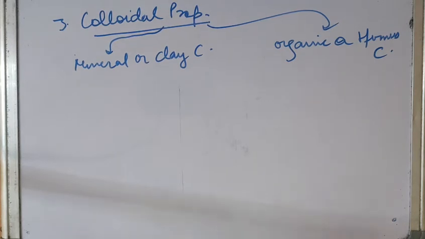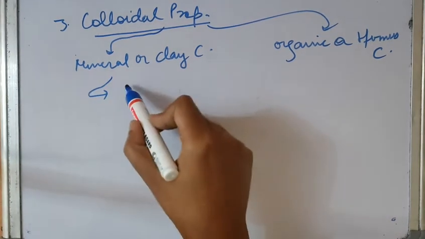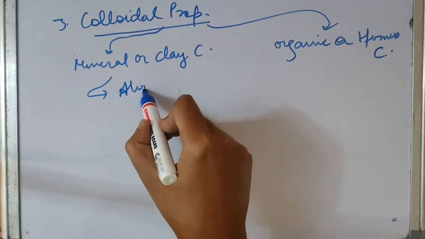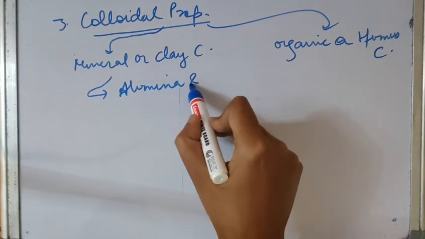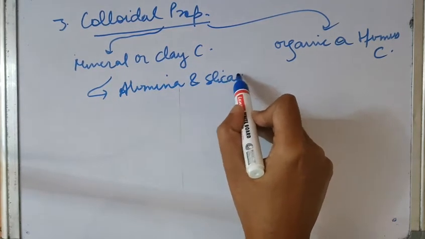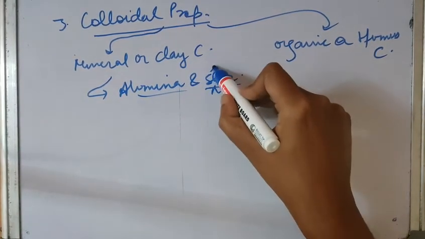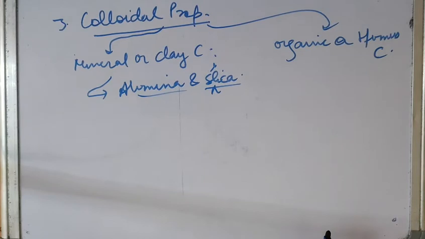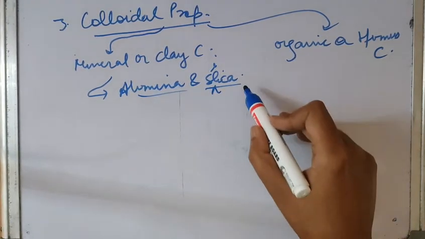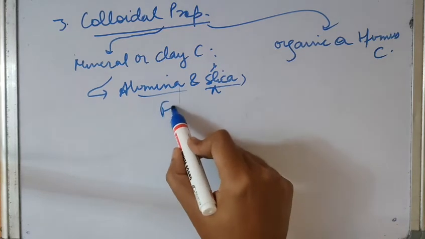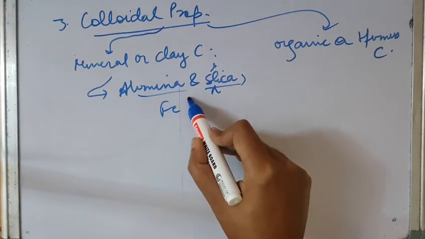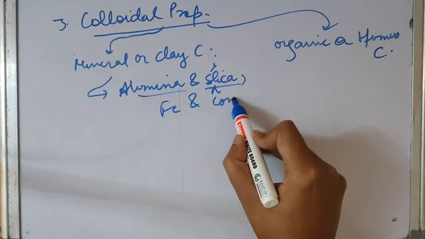These are formed mainly of alumina and silica, and also Fe, iron, and combined water.